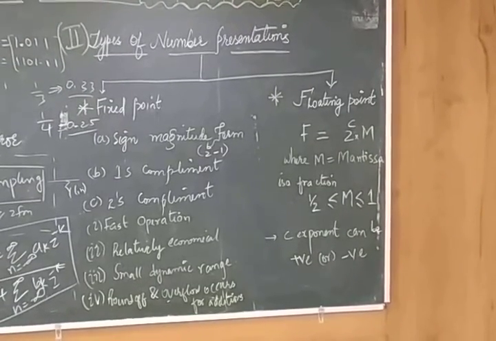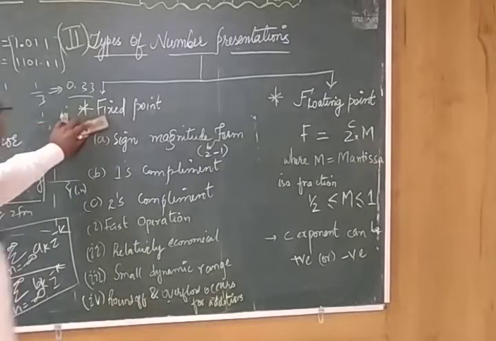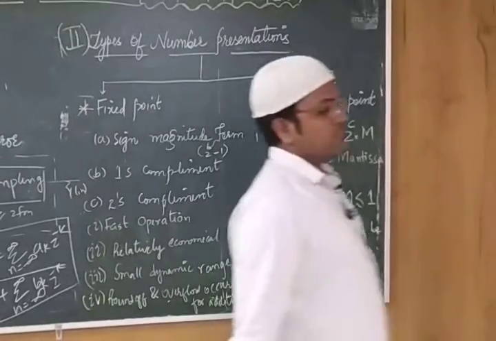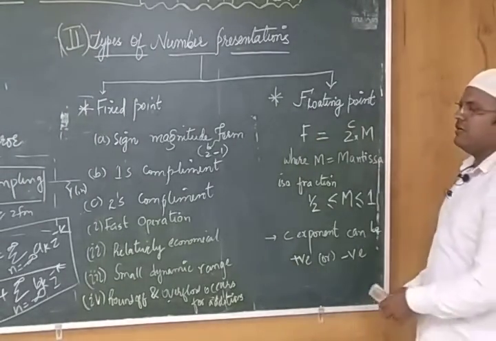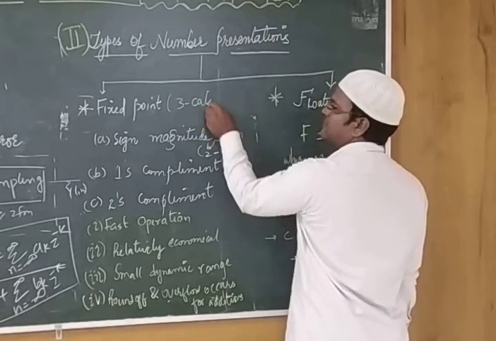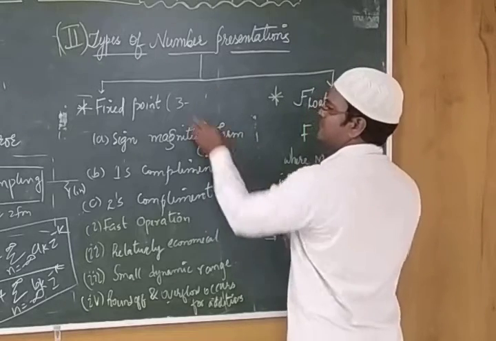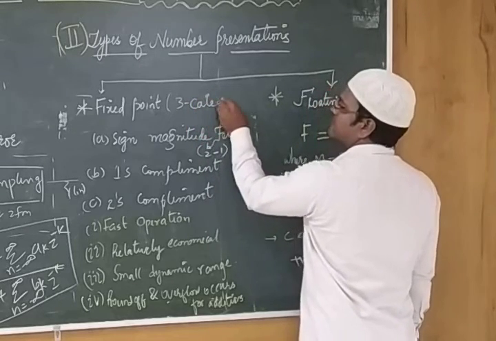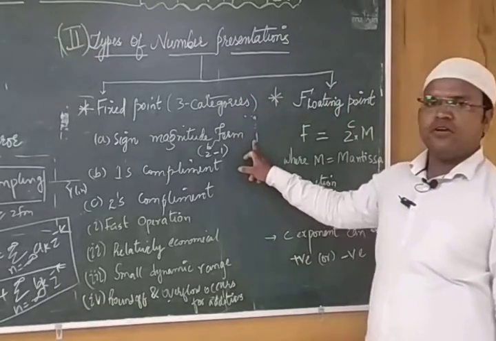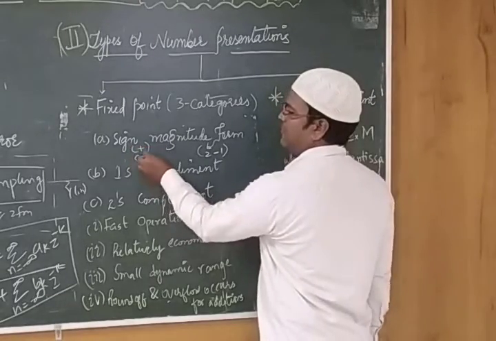So when we are saying fixed point and floating point representation, the first category depends upon how the number is going to be represented. Here fixed point representation is again classified into three categories. The first is called sign magnitude form, where sign means it can be a positive sign, plus, or a negative sign, minus.